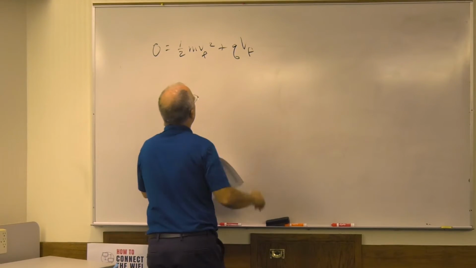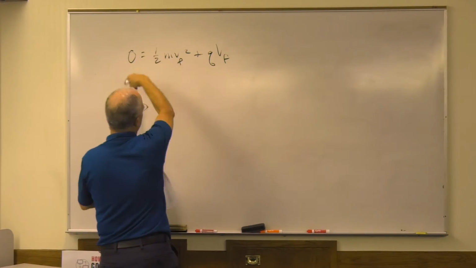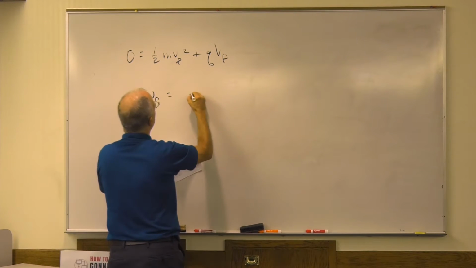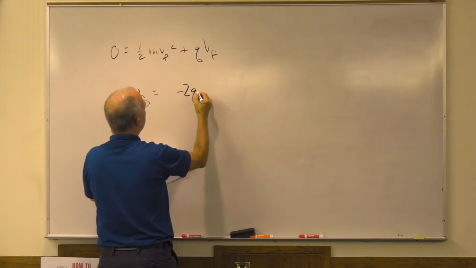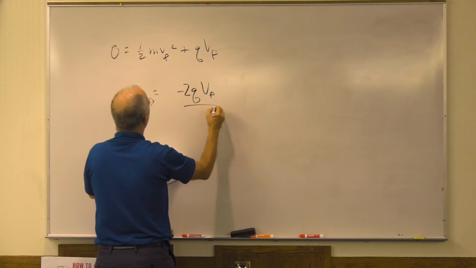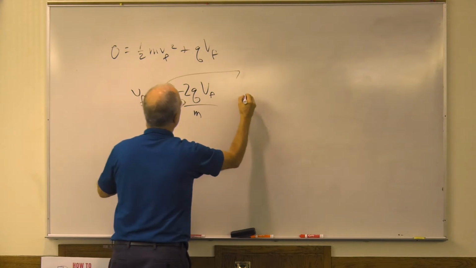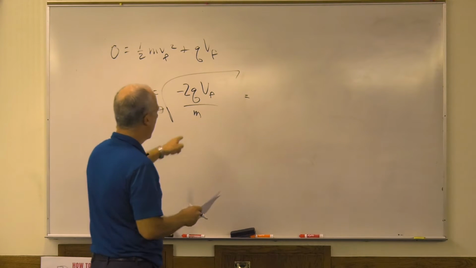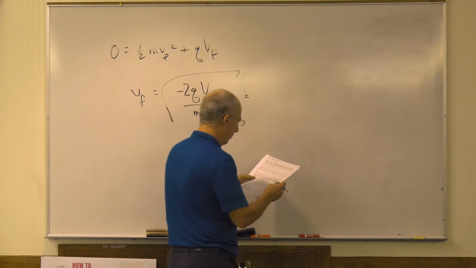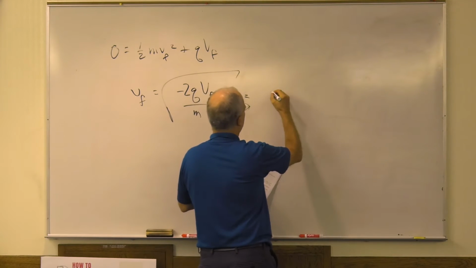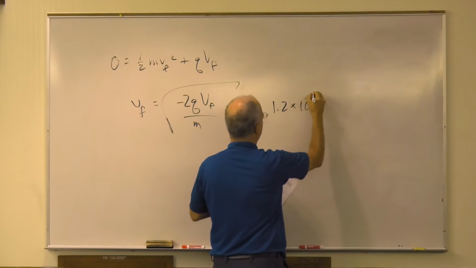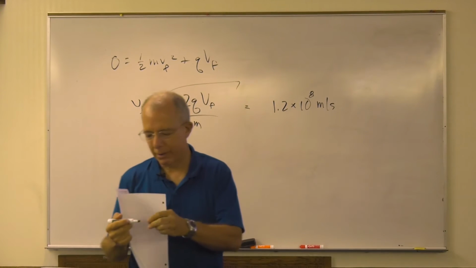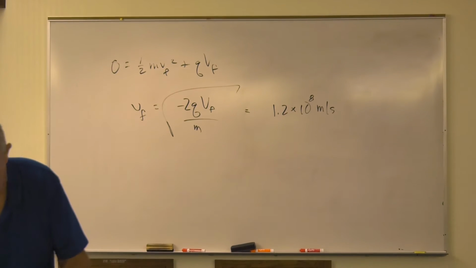We want to get v final, so put that over the other side and solve. So v final equals the square root of minus 2 q V final over m. You just plug in your answers and you get, I don't remember, I think it was like 1.2 times 10 to the 8th meters per second. So there you go. Energy conservation with electricity.